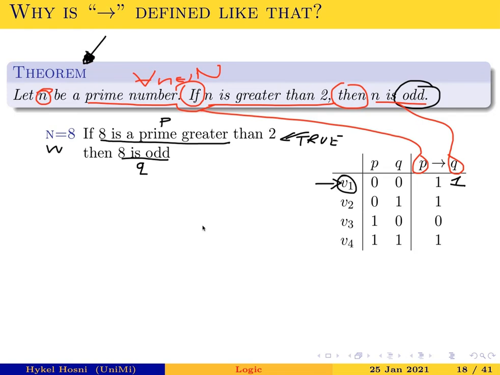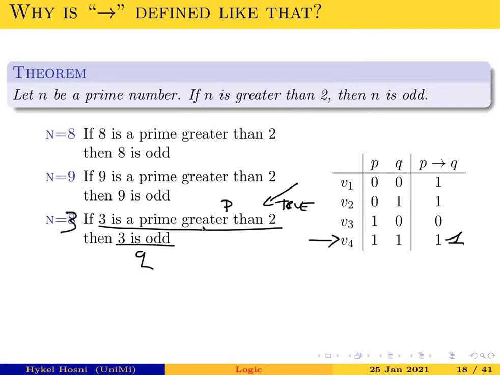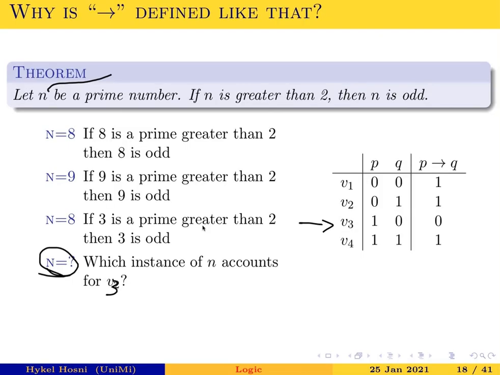Yeah. So, the theorem is true. No substitutions, you shouldn't be able to find one. Yes, that's exactly it. So there's no way that you can substitute. You can never find an n which accounts for V3. And the reason for this is that the theorem is true. So it has to be V of whatever has to be 1.